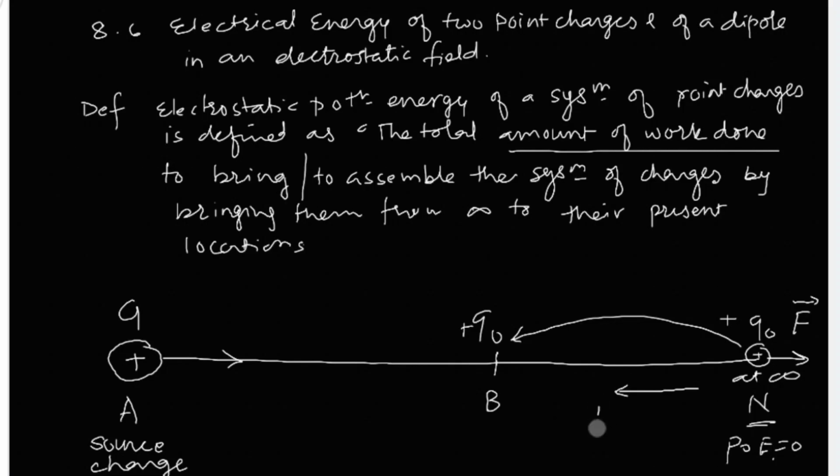We are applying some force which is against the electrostatic force of repulsion. It will be fixed at this distance, and let us consider the distance between A and B is R.